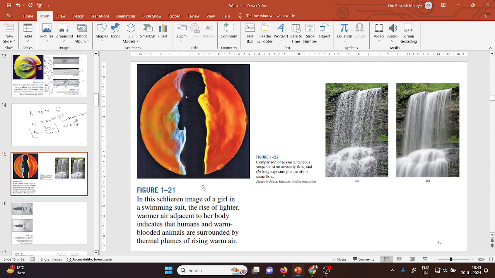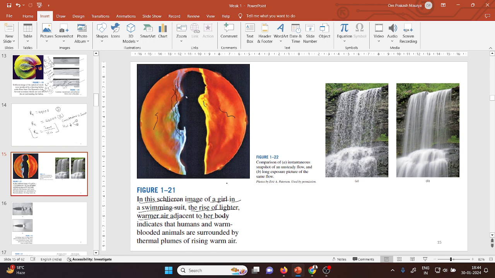In figure 2.1, there is a Schlieren image of a girl in a swimming suit, showing the rise of lighter, warmer air adjacent to her body. If you see here, the warmer air rises up near the body, not on this side or that side, but near the body.